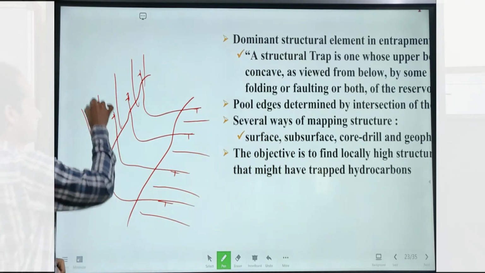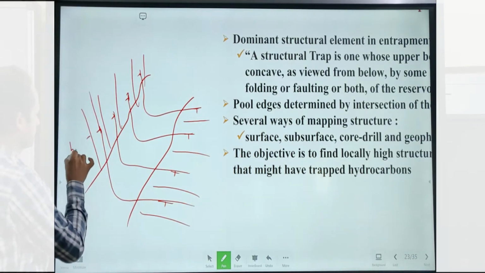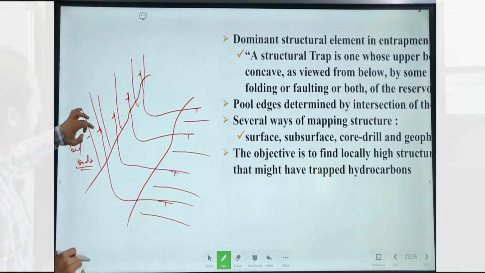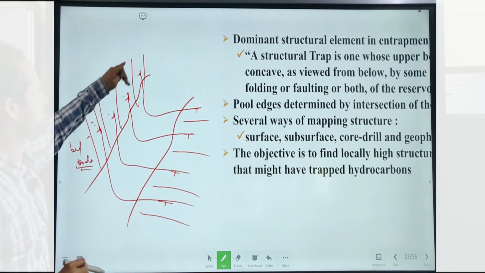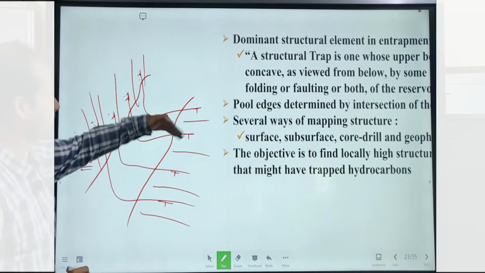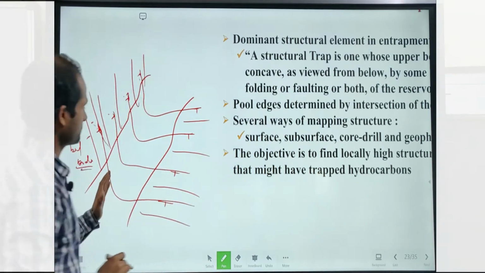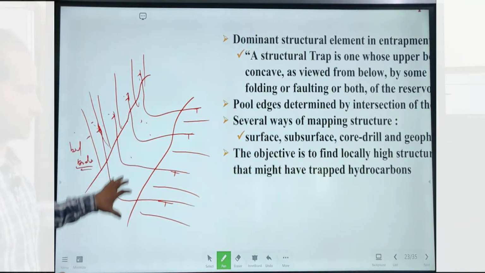This will be a map. This was the bed boundary. Along the bed boundary we measured the dip and strike, and based on the dip and strike we interpolated in between and created a map. Based on this map, we can determine whether we are dealing with an anticline or a syncline.